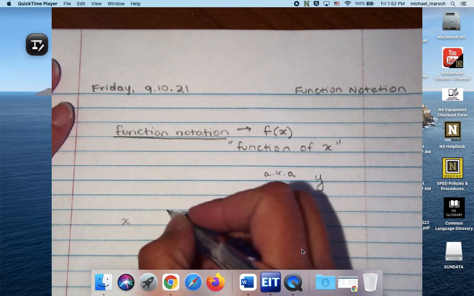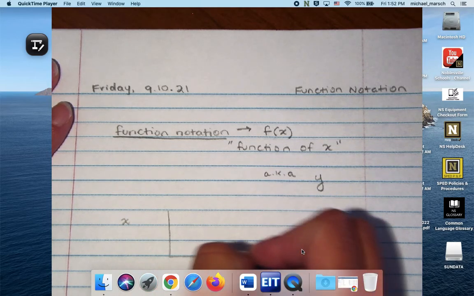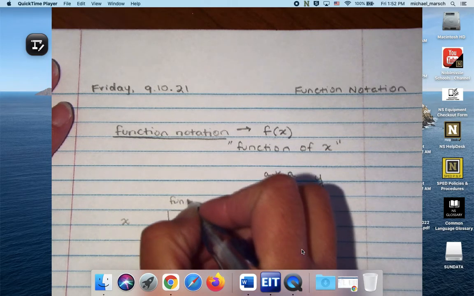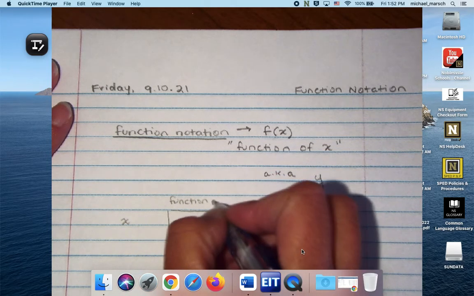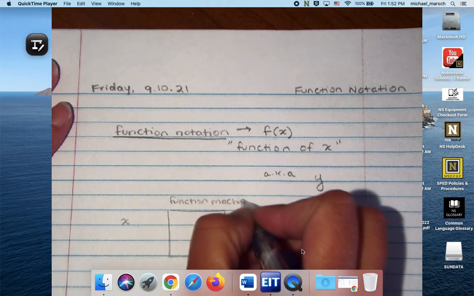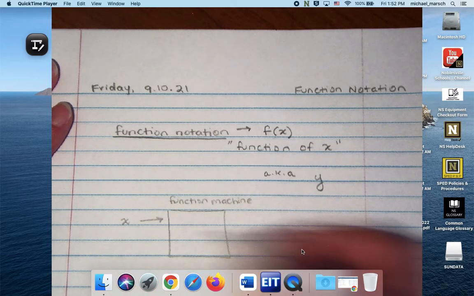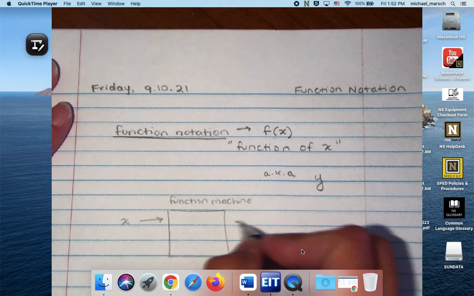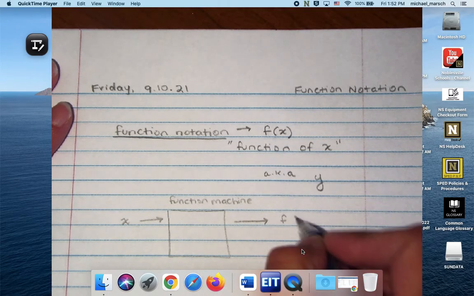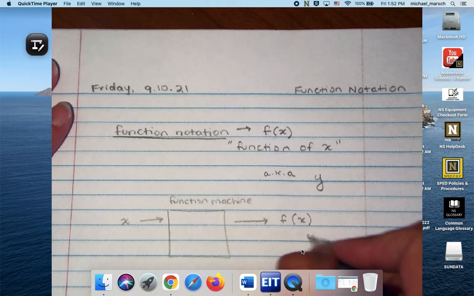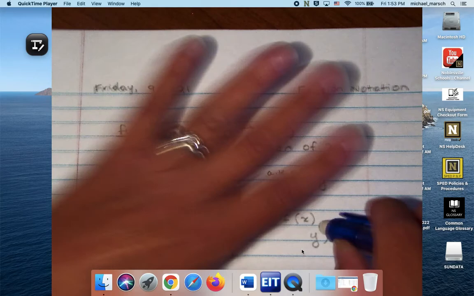X, function machine. So x goes into the function machine. Function of x, which is just y.